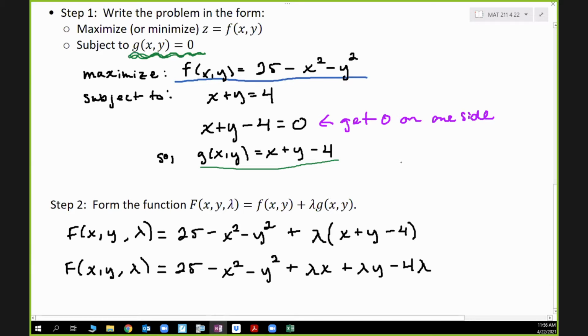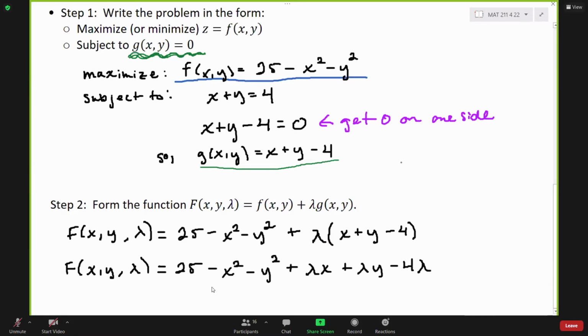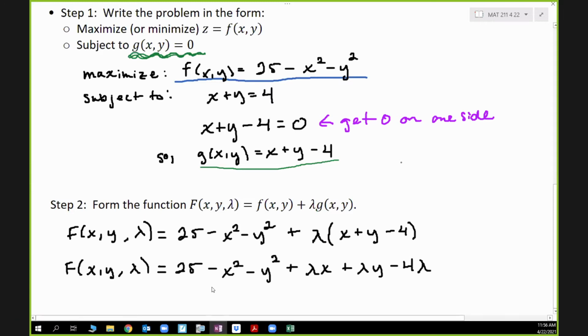So is lambda, sorry, go ahead. Or is it a constant? So it is going to be a constant for this problem. It's technically a variable right now because we have this function that is in 3 variables, x, y, lambda.